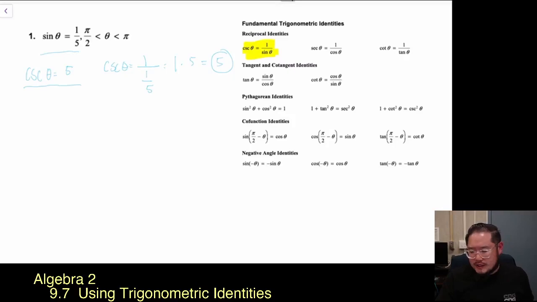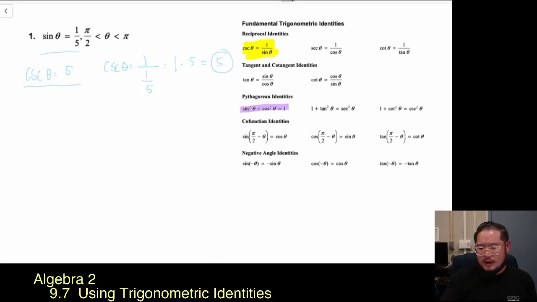But as I go through this list, what I see next right here is this Pythagorean identity of sine squared theta plus cosine squared theta is equal to 1. And so why use that? Because once again, I know what sine theta is. I may not know what sine squared theta is, but I could substitute what sine theta is into the equation.